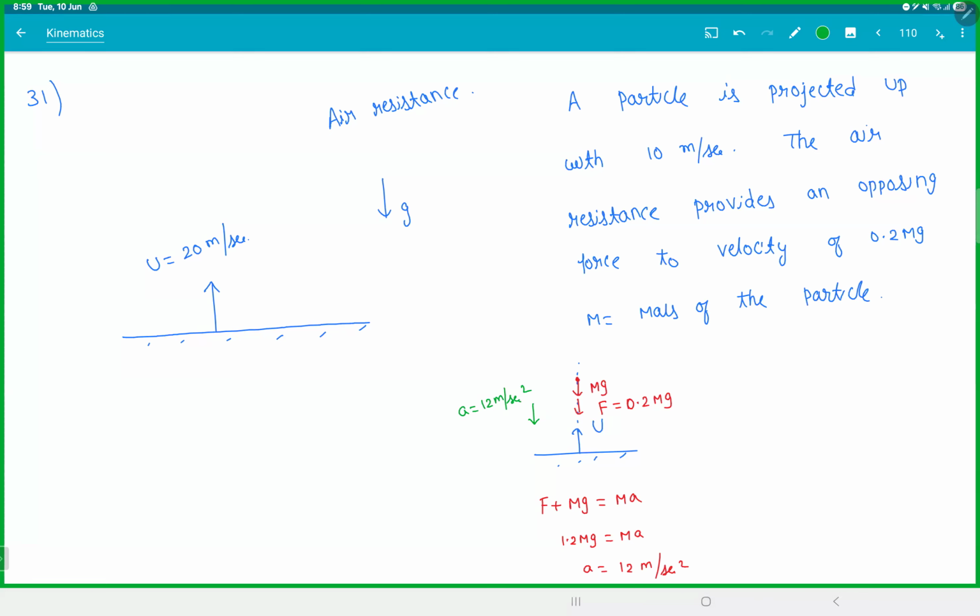You're getting this? So when the particle is going up, the gravity is down, air resistance is also down because air resistance is opposite to velocity. Is that making sense? But the same particle, when it is coming down, the gravity will be down. But remember, the air resistance will be opposite to the velocity.